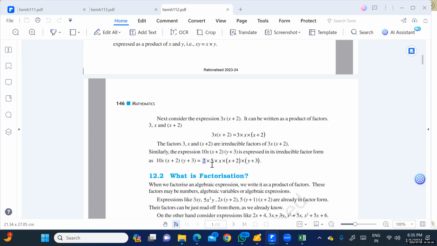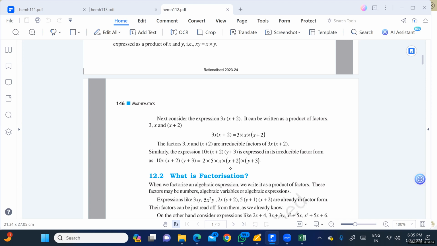We have just broken this 10, the factors of 10 being 2 and 5. So now this cannot be further broken. Can you divide any of these numbers? Can you reduce this further? When you cannot reduce this any further, this is an irreducible form.